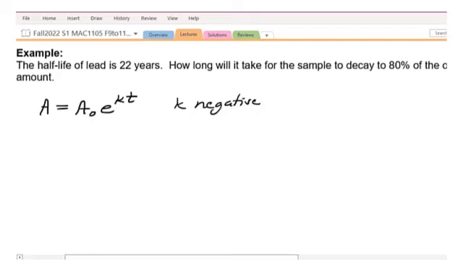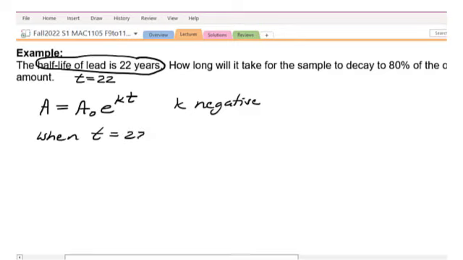Well, when they tell you that the half-life of lead is 22 years, what that's telling you is that when t is 22, we're going to have half of our original amount left. So in other words, when t is equal to 22, the ending amount, A, is going to be 1/2 of the starting amount, whatever that starting amount was.